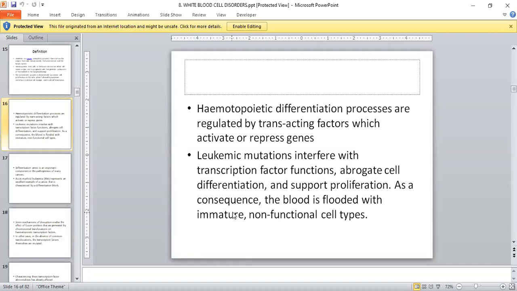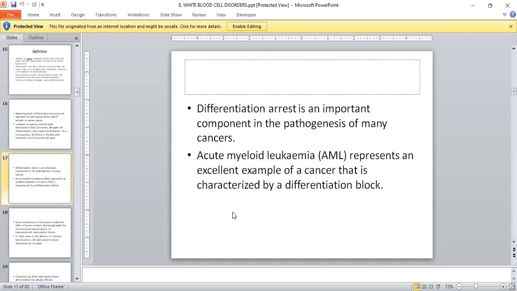They affect how the components of the blood are made, thus leading to either immature cells of different kinds or non-functional cells. AML, acute myeloid leukemia, is an example of a cancer characterized by a differentiation block, where the cells do not differentiate.